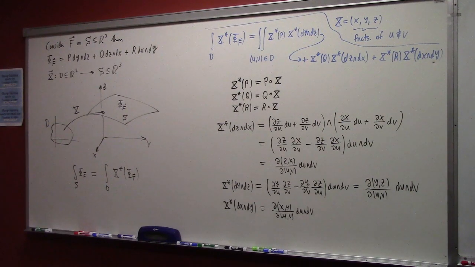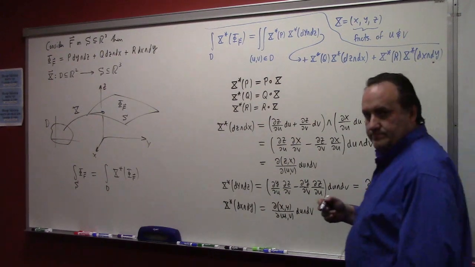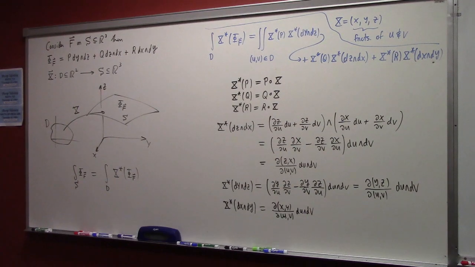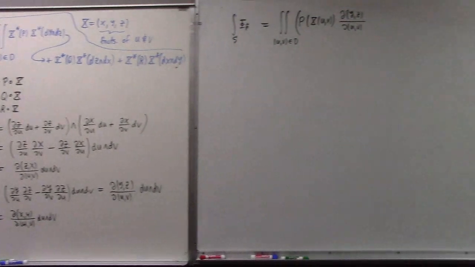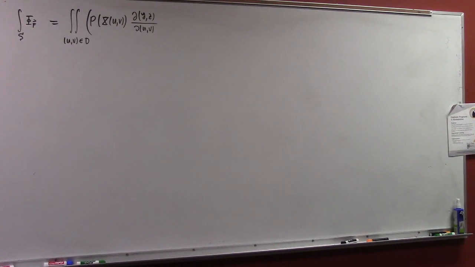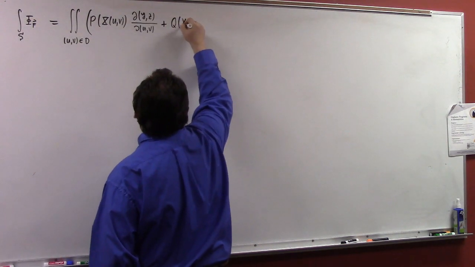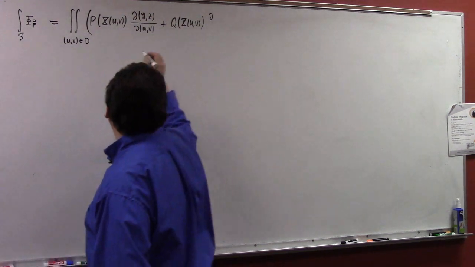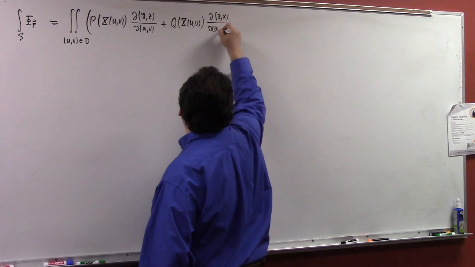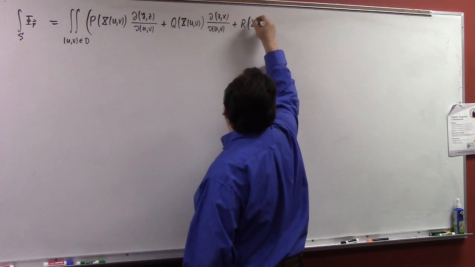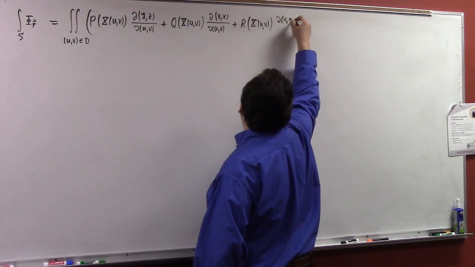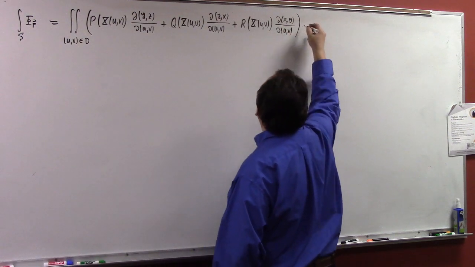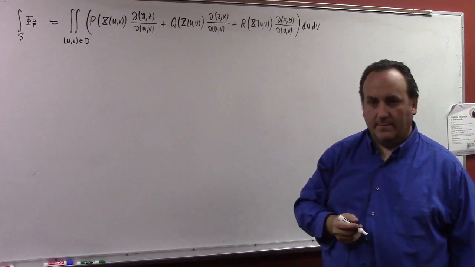So you got your partial yz, partial uv, and then I've got the Q. Plus Q evaluated at the parameterization, with the Q came packaged with the zx one, so partial zx, partial uv, and then plus R at the parameterization, and then you got your xy one, right? All of that times du dv.